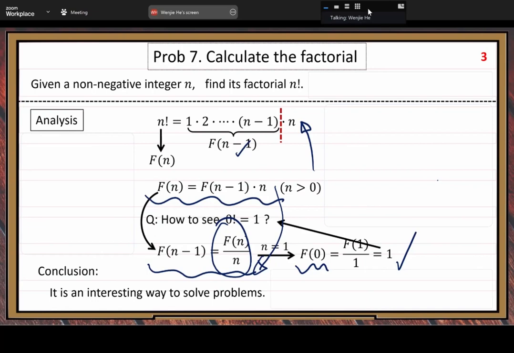At least we know it's an interesting way to solve a problem. This problem is too simple, too easy. That's the reason we do not need to use a powerful tool to solve it. Overkill, right? Overkill to solve this easy problem.